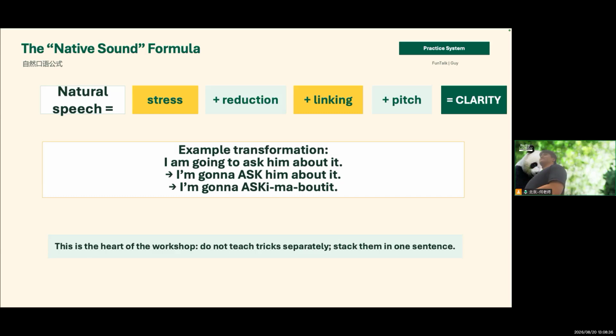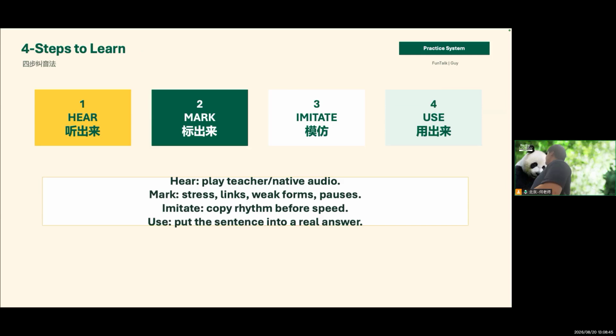I'm gonna ask him about it. If you say it fast, but everyone speaks differently. Okay, this is just a general rule.